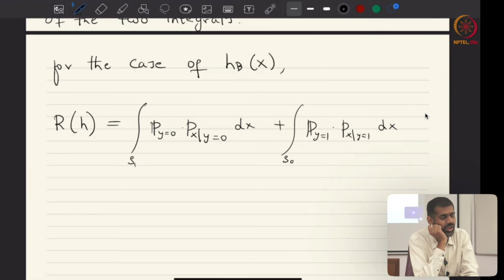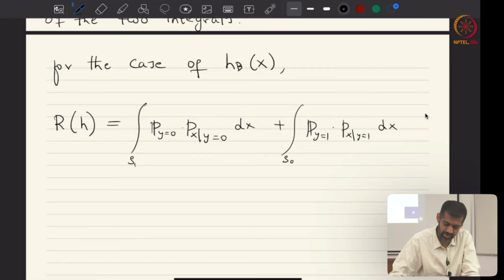It always chooses based on the posterior. Whichever posterior is the highest, it will choose that particular class. If that is done, then which one of these two integrals will be evaluated at each x for the Bayes classifier? Just think about it for 30 seconds, I will tell you the answer. Did you get the question?